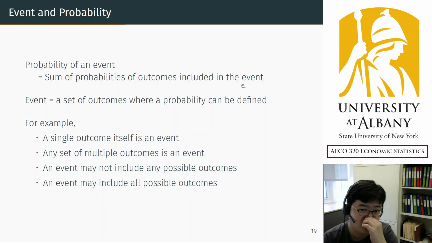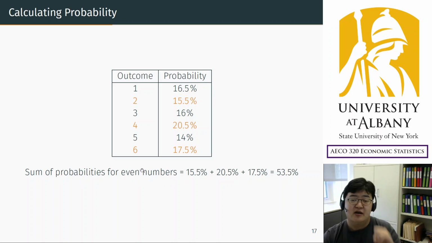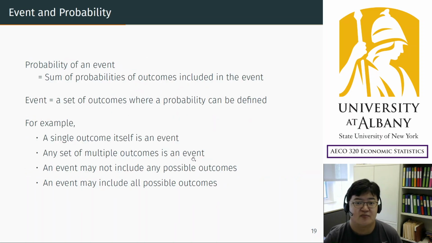So coming back to probability. In our example, we calculated the probability for even numbers, right? Not just a single outcome. We call that an event. So an event is different from an outcome.